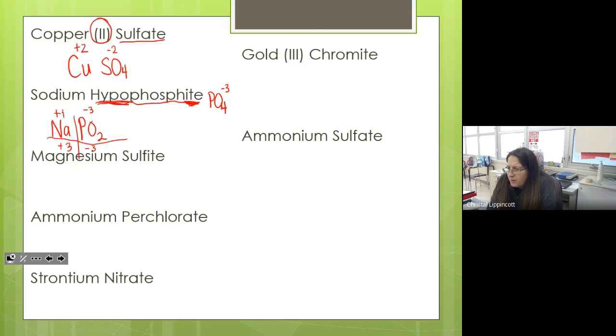What do I have to multiply this by to get this side to a +3? That's right, 3. Good job. So my formula, when I clean all this up, it's going to be Na3PO2. See if you can get the magnesium sulfite one done.